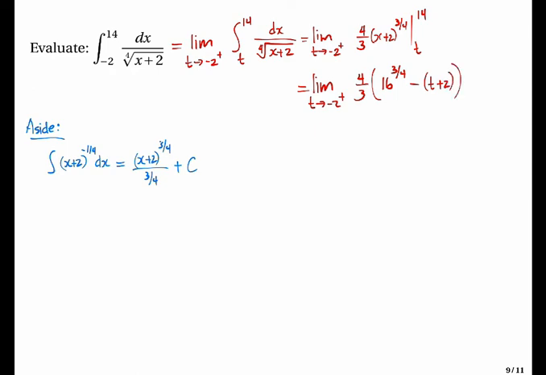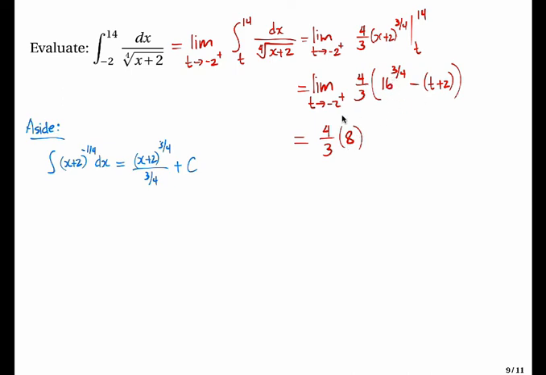So, what do we get? We have 4/3, and then, as I have said, 16 raised to 3/4, that's 8. 2 times 2, that's 4, times 2 times 2, that's 16. So 4th root is 2, cube it, that's 8.